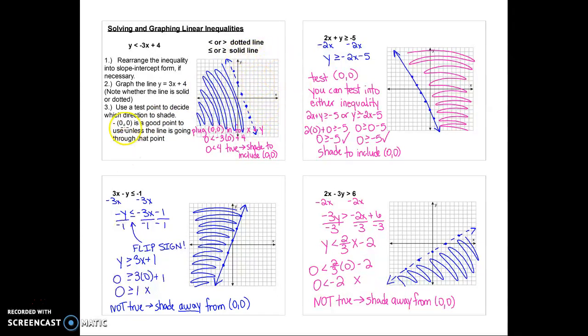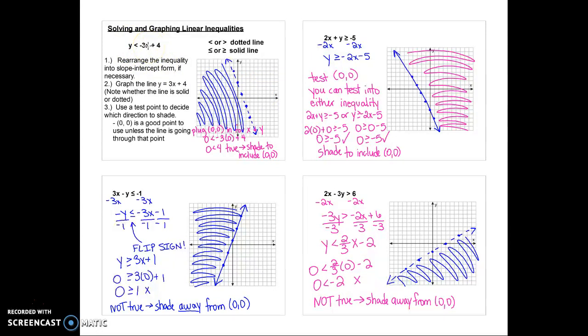In order to figure that out, you use a test point. Okay? You can pick any point on this graph that does not fall on the line. It can't be a point that falls directly on the line, but you could pick any other point anywhere in the graph, and plug it into your equation and see if you get a true or a false statement.